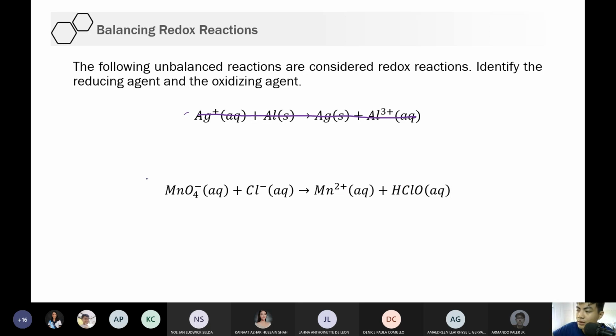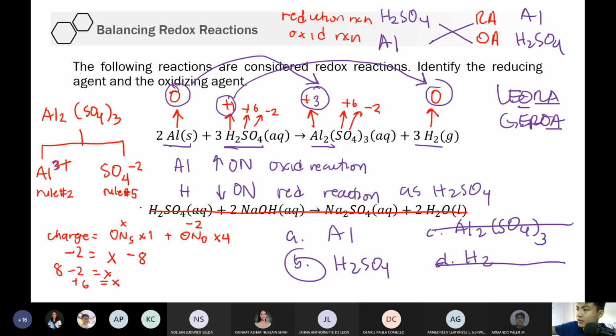Okay. So, what we did here, if you want to take a screenshot, go ahead, screenshot. So again, remember that whenever you see a chemical equation, the first thing you'll do is to identify the oxidation numbers.